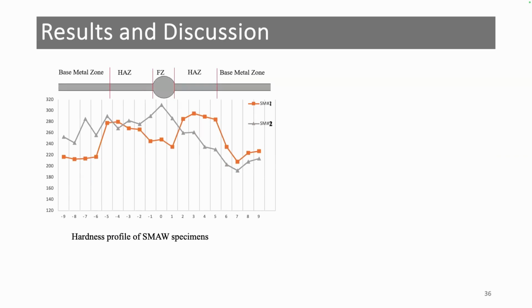Also here for the SMAW, in some points we found that the lower heat input was giving higher hardness in the heat affected zone, but in the fusion zone we found that the higher heat input gave about 300 HV.